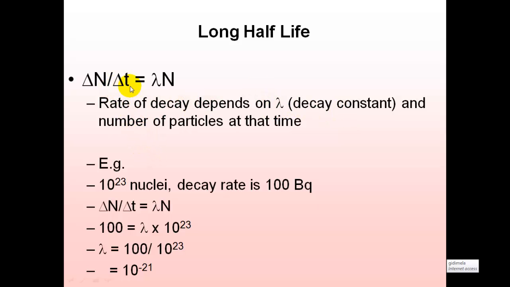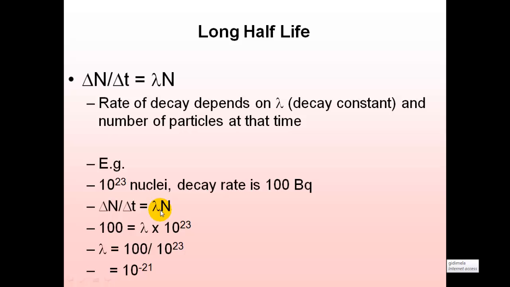Okay, so delta N divided by delta t, the decay rate, is equal to lambda N, or negative lambda N. So the rate of decay depends on lambda, and the number of particles at that time. For example, if we have 10 to the 23 nuclei and the decay rate is 100 becquerels, which means 100 disintegrations per second, using this equation, delta N divided by delta t is equal to lambda N. We substitute the values.